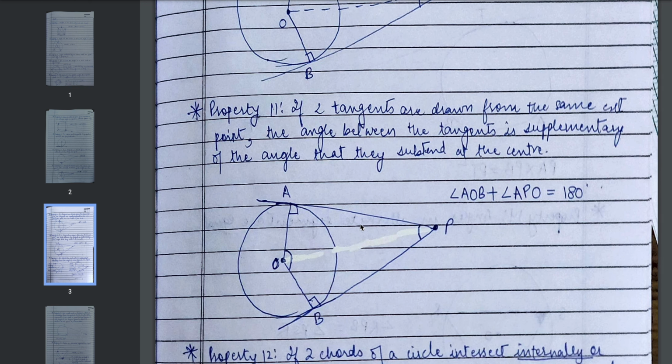They subtend the angle at the center, that is AOB, and APB is the angle between the two tangents. So angle AOB plus angle APB will be 180 degrees.